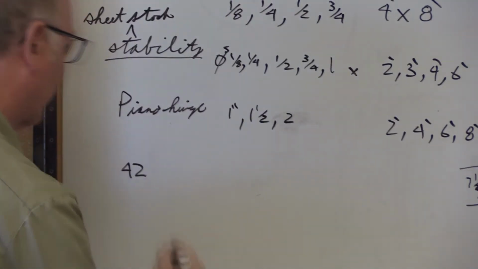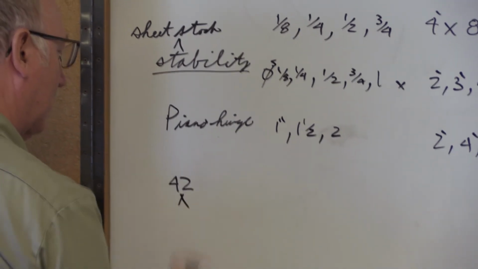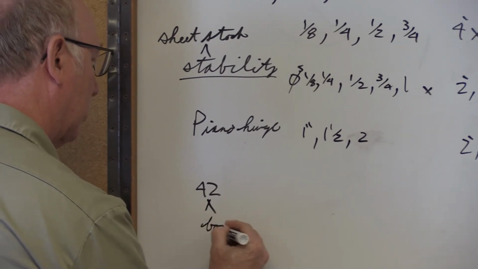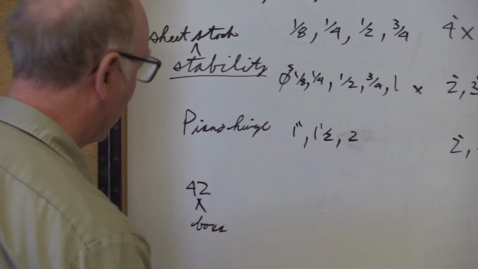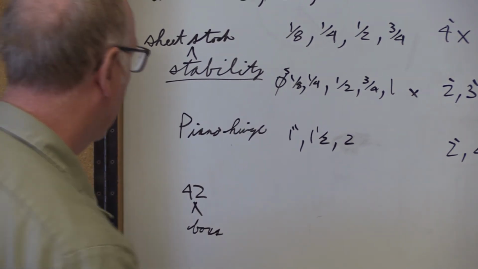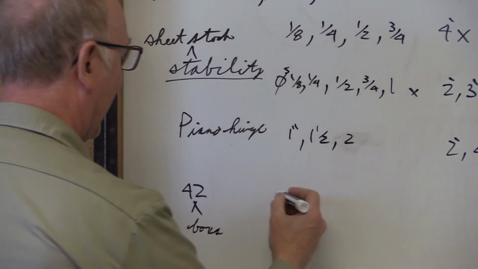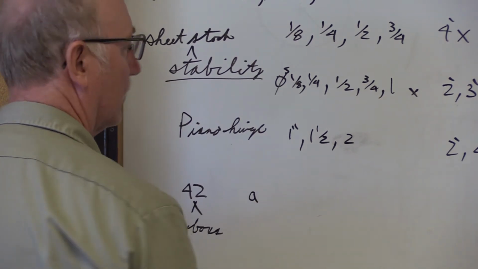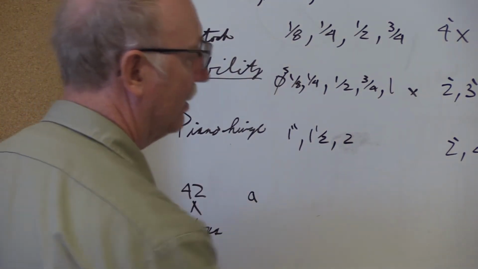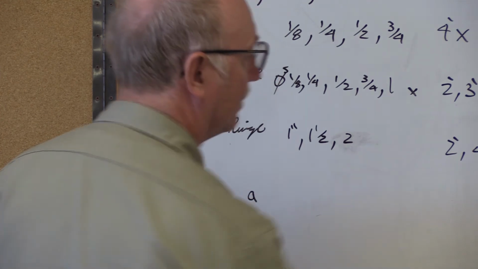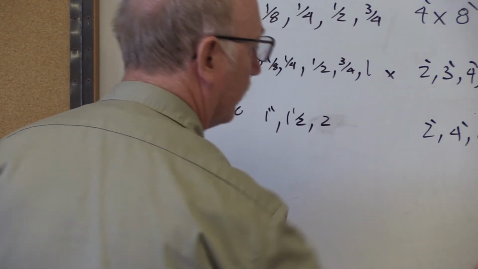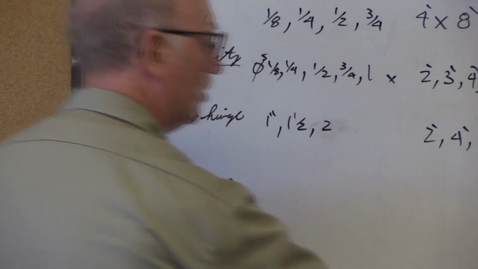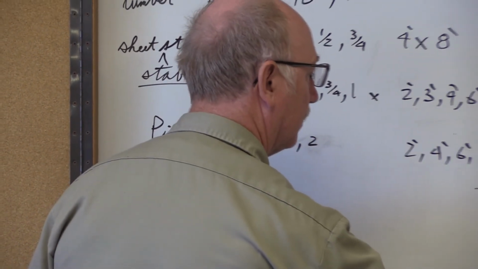Some people call it an algorithm. 42, and we're going to call them boxes. It's actually a toolbox, all right? We've got 42 toolboxes. For letter A, we can get 7 very efficiently out of a 120-inch board, or 10-footer. 120 inches is equal to 10 feet.